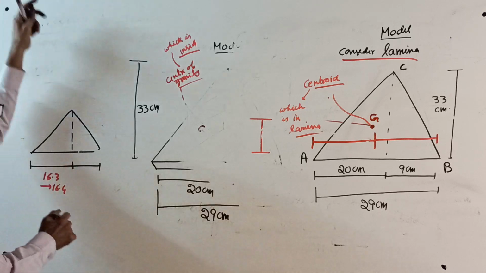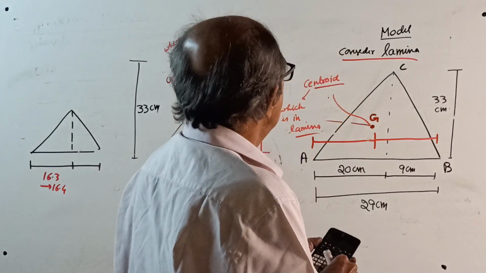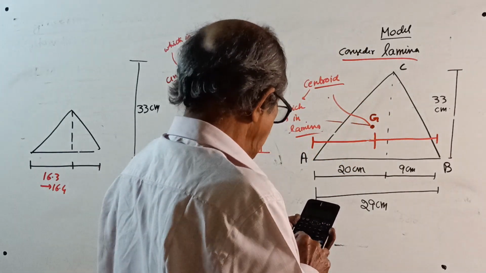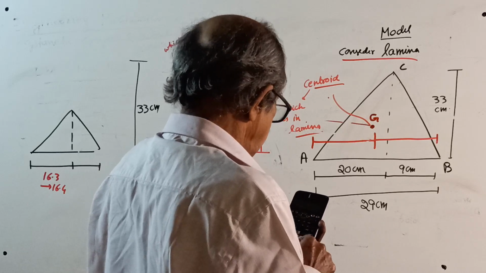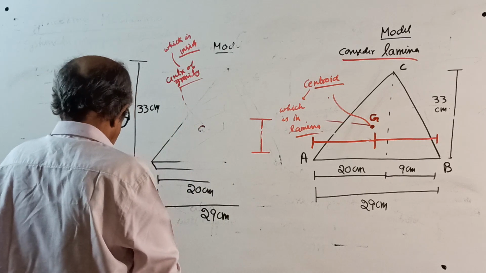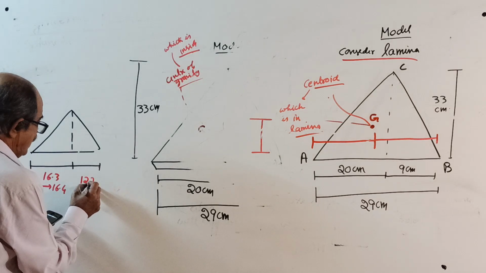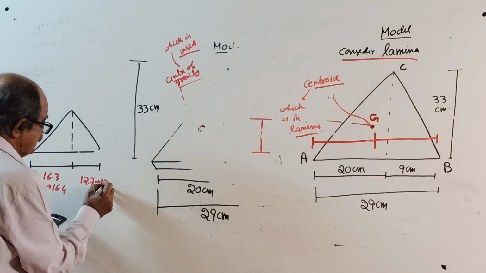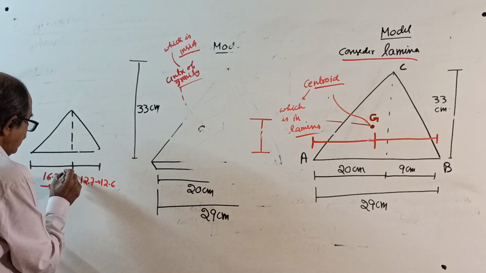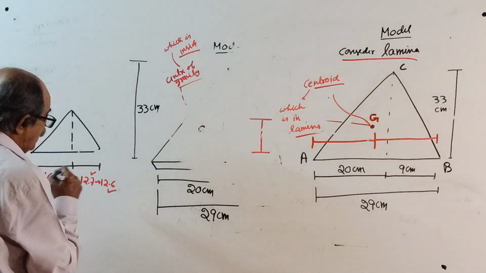Now this I don't have to measure. It has to come how much? 29 minus 16.3 means 12.6 to 12.7. If it is 16.3, it is 12.7. If it is 16.4, it is 12.6.